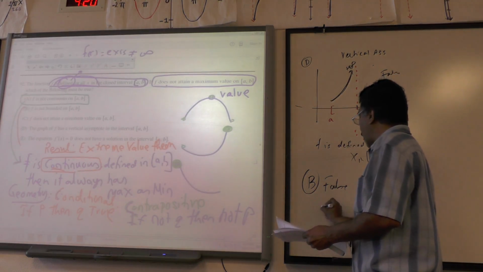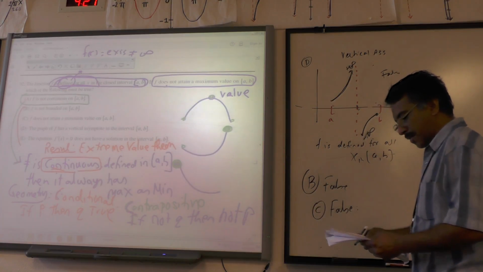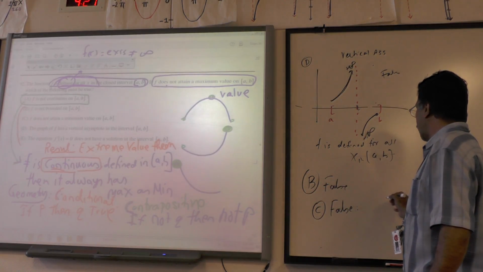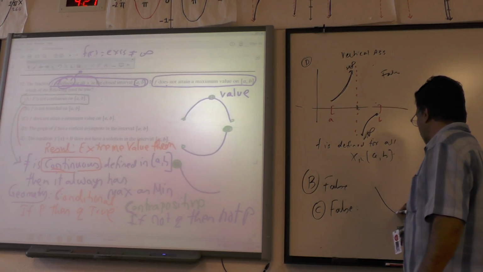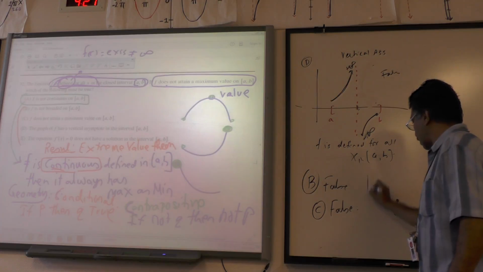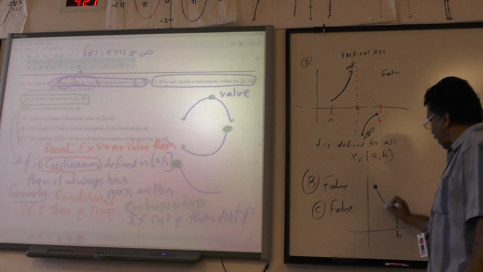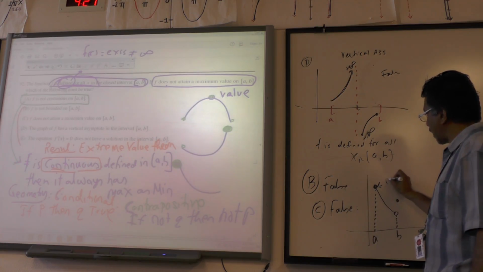Now why is C false? Well, C says F does not attain a minimum value. I can show it like this. Look at this graph. Now this is your B and this is your A. So it has a maximum here, see.